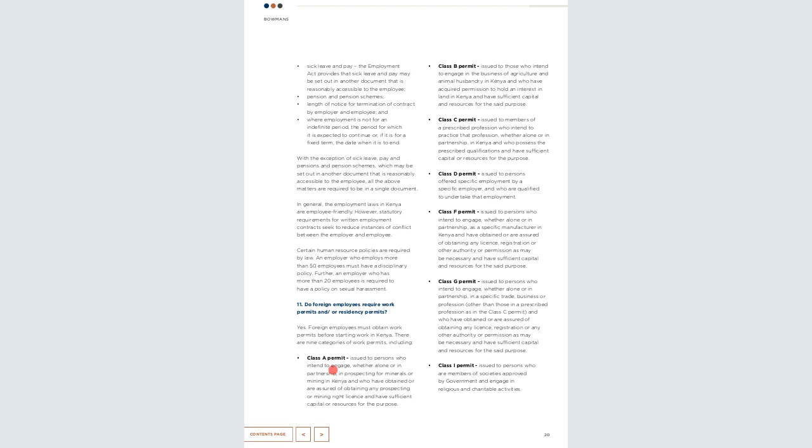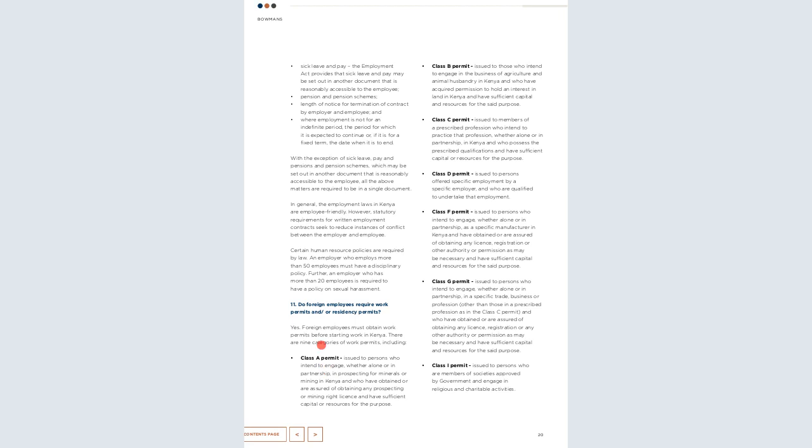Then we have the Class C permit, issued to members of prescribed professions who intend to practice their profession, whether alone or in partnership, in Kenya, and who possess the prescribed qualifications and have sufficient capital or resources for the purpose.